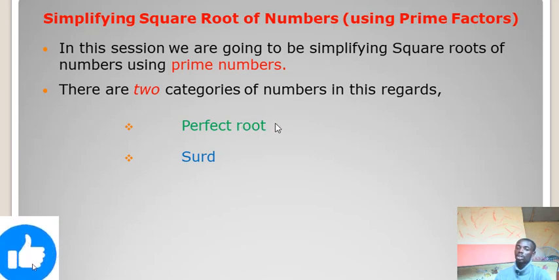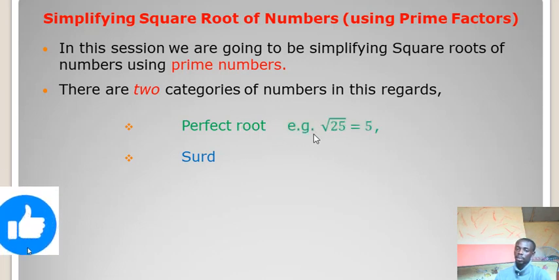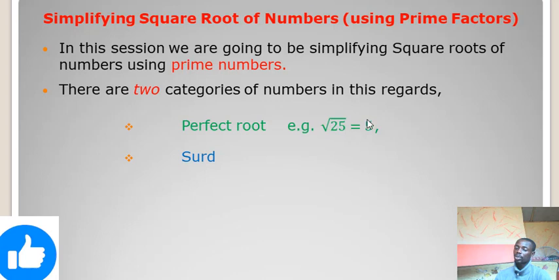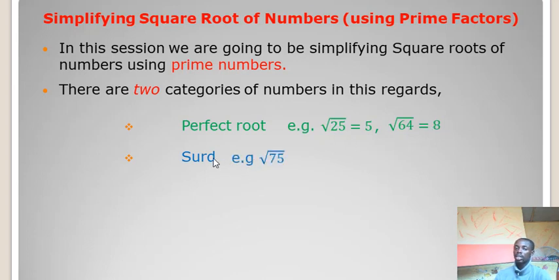Okay, so take for instance here, when you look for root 25, you have 5. So when you simplify root 25, you will have a whole number. Why? 25 is a perfect root. Also, you have root 64, and our answer is 8. But here in this category, you have root 75.